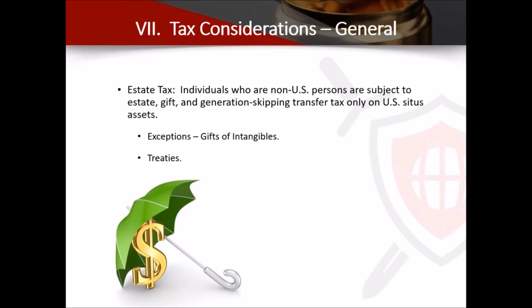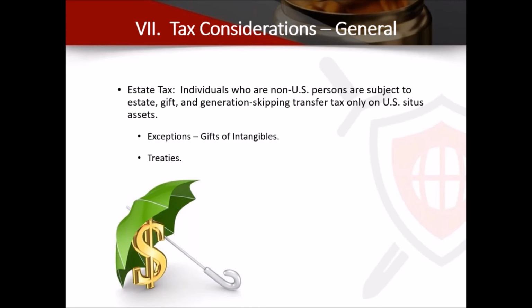Including, we just had a case where a husband and wife owned a mansion, the wife died, and there's no transfer of the unified credit between them. The credit is very small, and there was an $800,000 tax liability just because one of the spouses had died and they acquired the property.